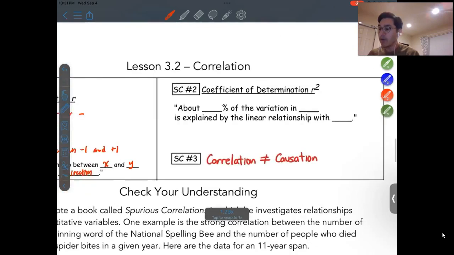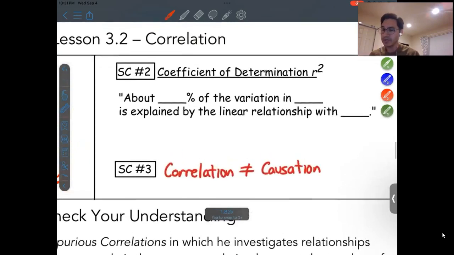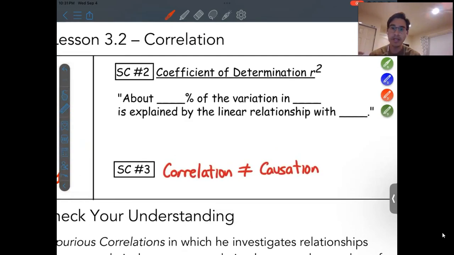All right, coefficient of determination. There's 3 things that you need to input into this template. The value of R squared, which you're going to write as a percentage, okay, the response variable and the explanatory variable. Okay. So about R squared percent of the variation in Y, the response variable, is explained by the linear relationship with X, the explanatory variable.